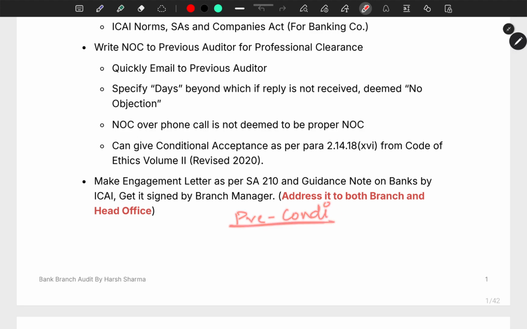And for those who are in Inter or in Final, know that the preconditions for an audit as per SA 210 are as follows. The first is the applicable FRF. What is FRF? That is the Financial Reporting Framework and regulations. What is the applicable FRF?